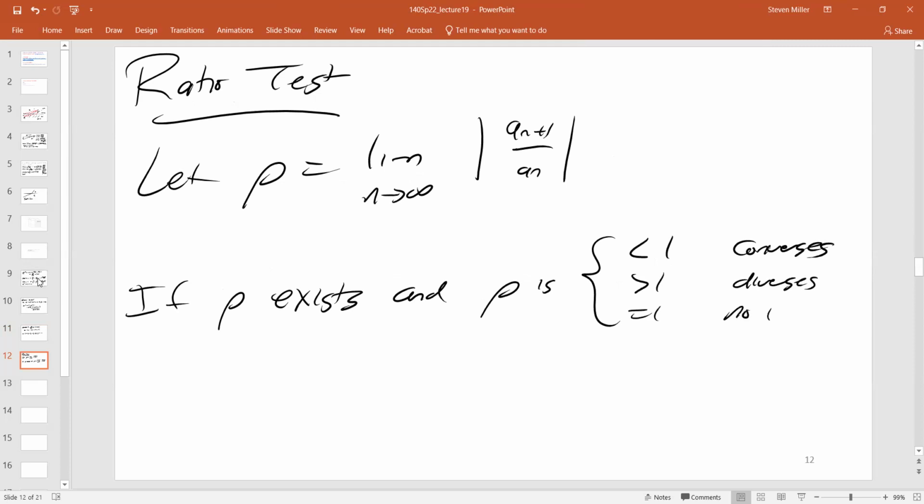Equals 1, we have no information. So this is the famous ratio test. So long as you can calculate this limit, you can tell if the series converges or diverges, if you're lucky. If you're not lucky, what value would you get? So if you had an evil professor on an exam, what value would you get?